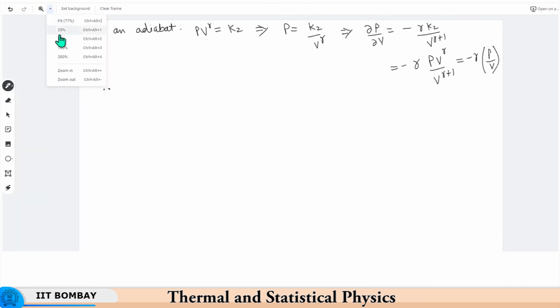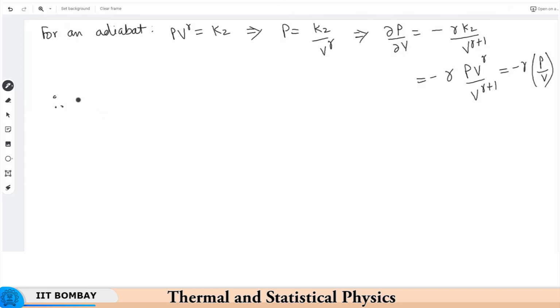So, therefore, we can conclude that the slope of an adiabat is basically equal to gamma times the slope of an isotherm.